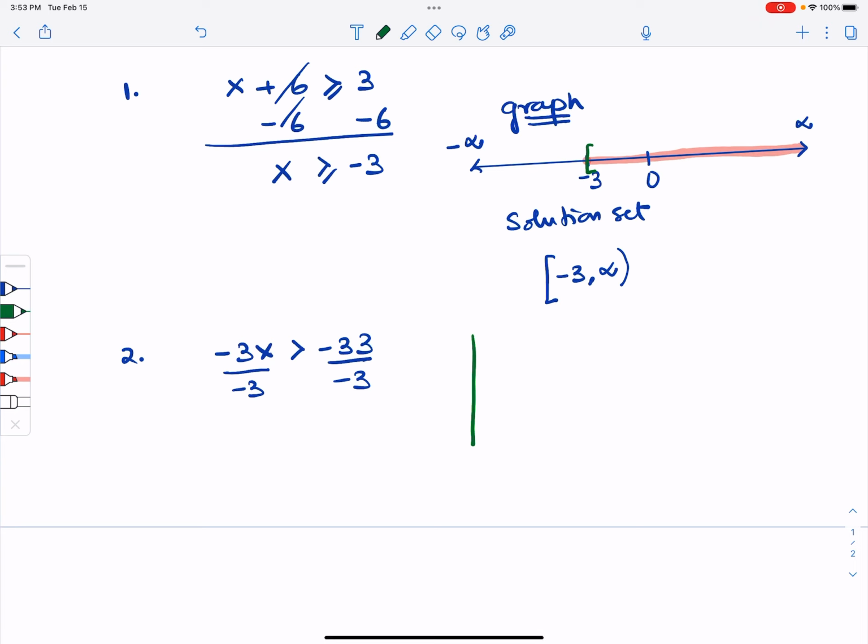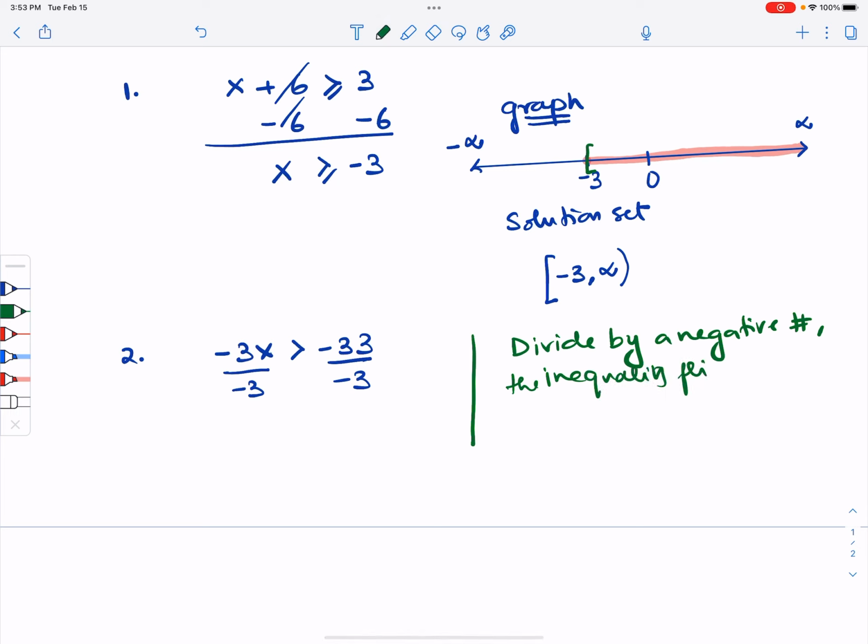When you're dealing with inequalities, when you divide by a negative number, the inequality flips.